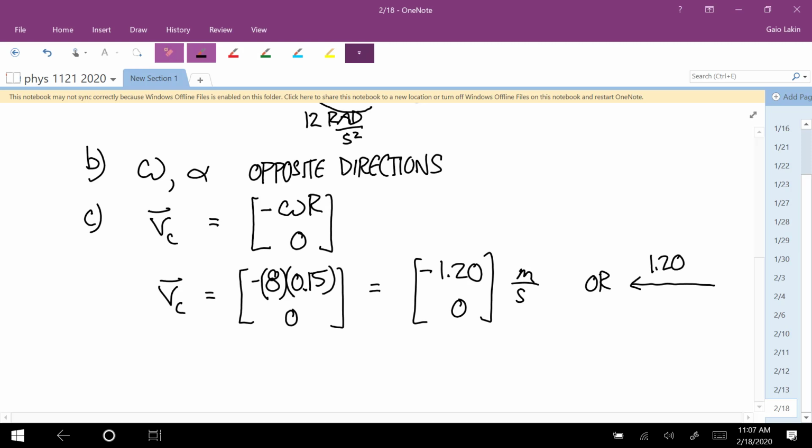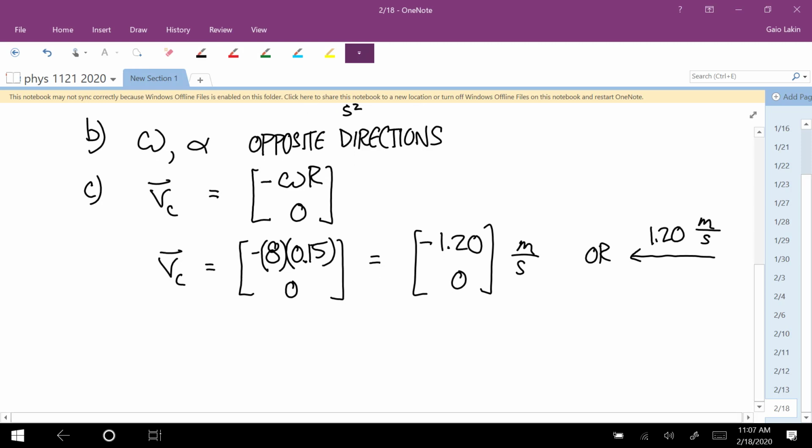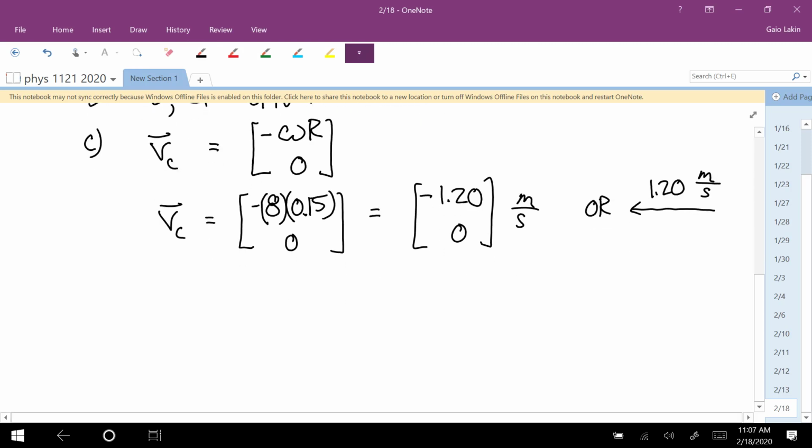That shouldn't have a square. 1.2 meters per second in the negative x direction. Okay, so yeah, this can get confusing. For rolling without slipping, it's not absolute value. It uses those signs. The one that doesn't use that is circular motion.